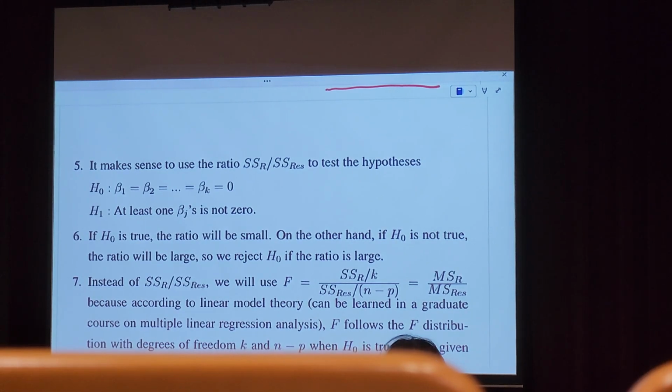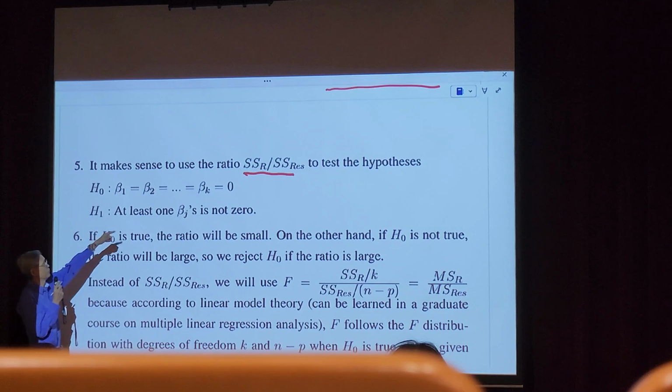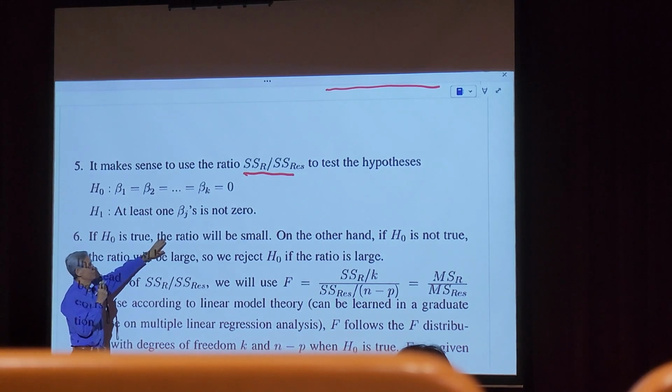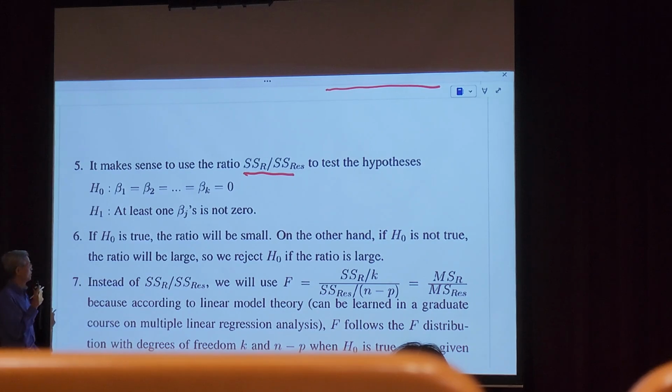We can see how SSR varies according to the model, how this ratio changes with the model. So it now makes sense to use this ratio for testing the hypothesis. If H naught is true, suppose Y doesn't depend on the regressors at all, then SSR will be small, and the ratio will be small.